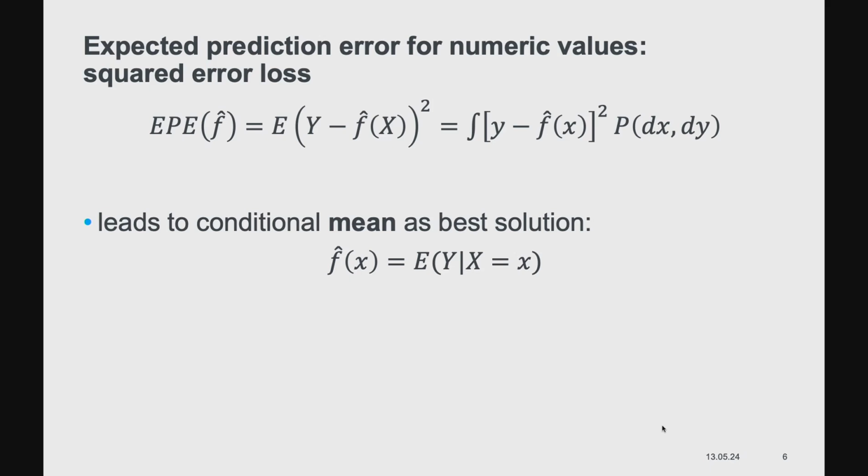When we do this, what we learn as a function f hat is the expected value for y given that we observe a particular x. So the conditional mean is the best solution that we can get.